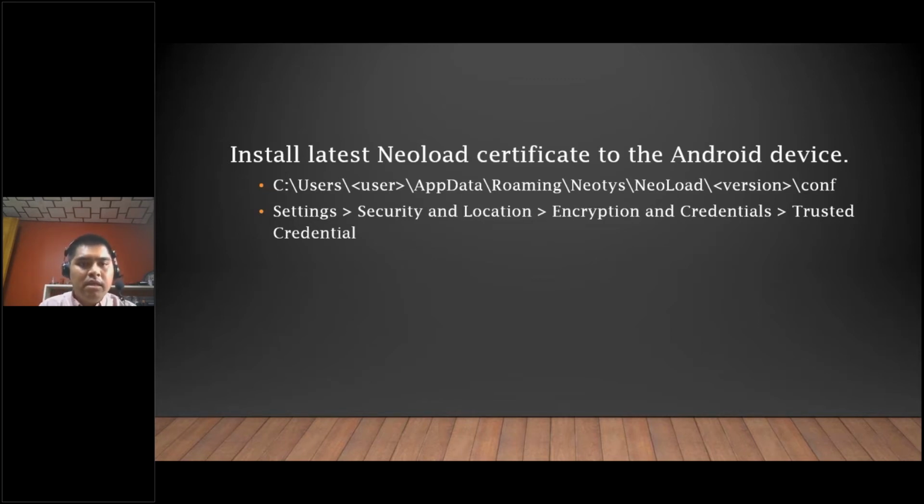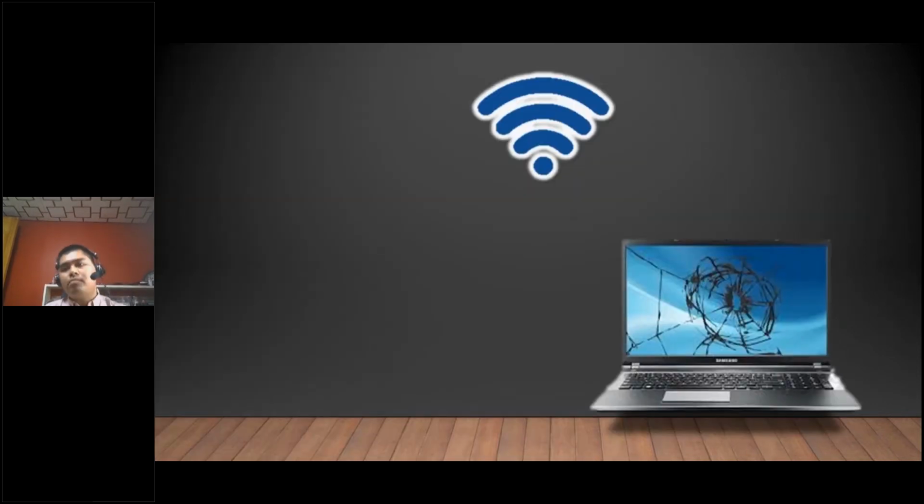But you can definitely play with your device, and it's not really hard to find. In this case, it is in Settings, then Security and Location, then Encryption and Credentials, then Trusted Credentials. Once it is installed there, you will not encounter a problem moving forward.